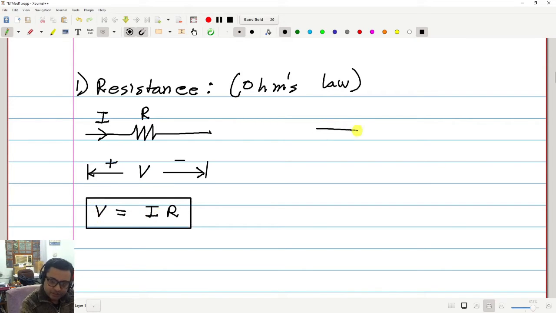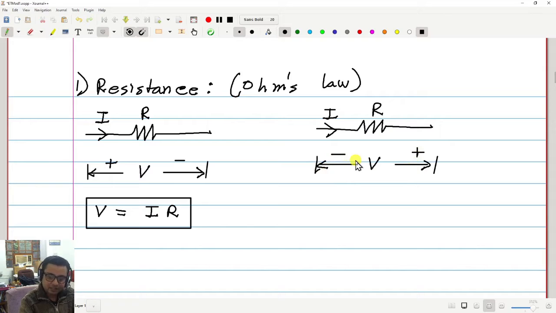You can also say that if I consider the current flowing from left to right through resistance R, but I consider the right side to be at higher potential, plus, and the left side at lower potential, minus, then I cannot write V equal to IR. Then what do I have to write?